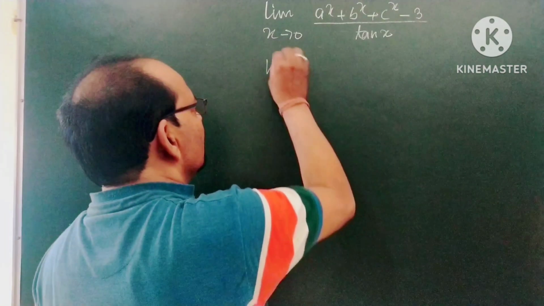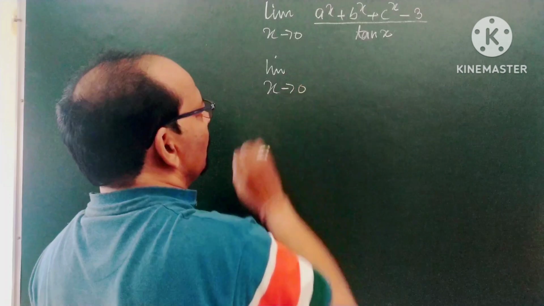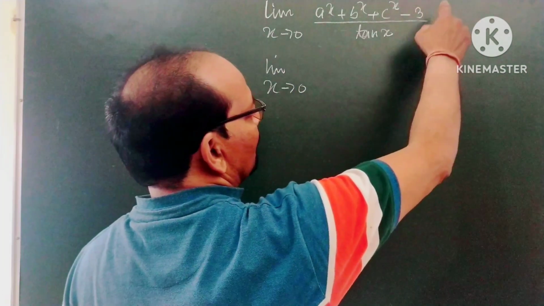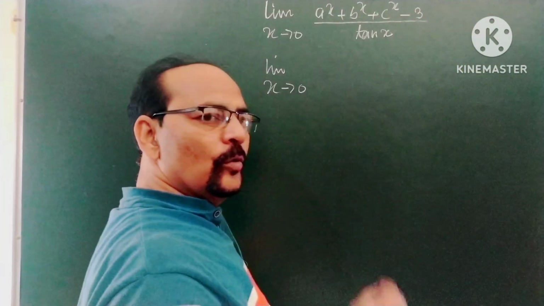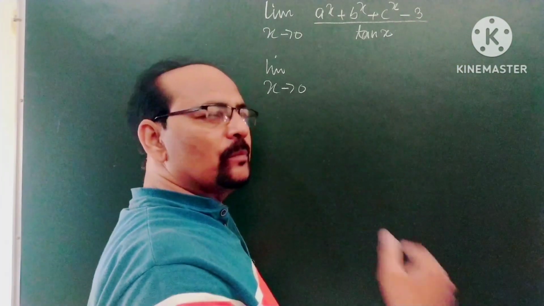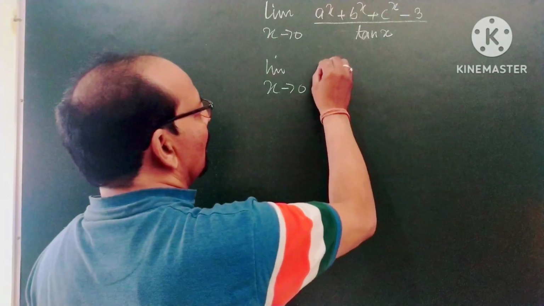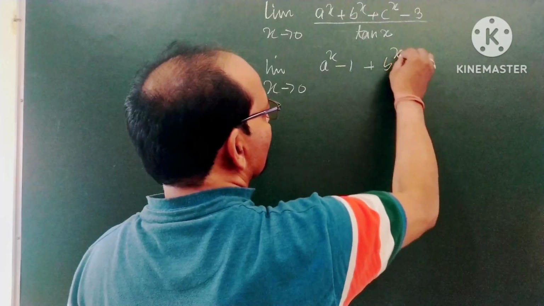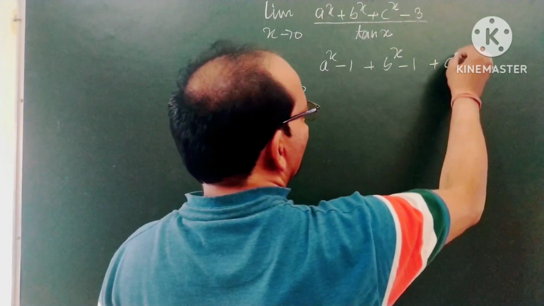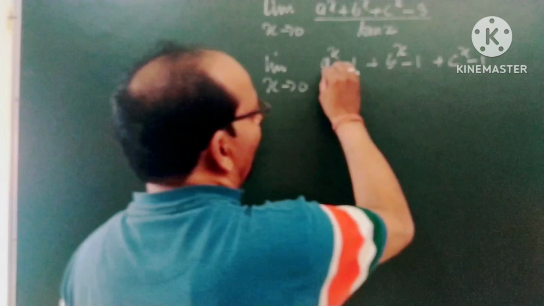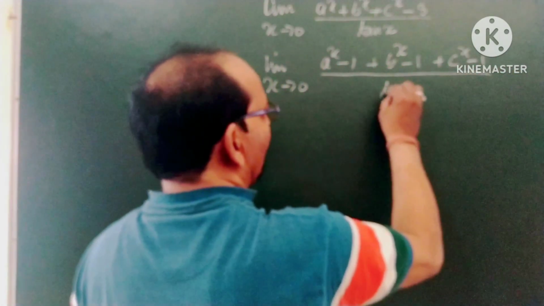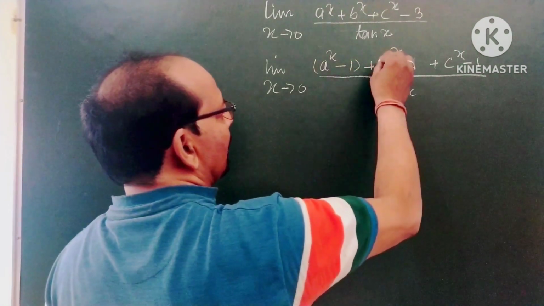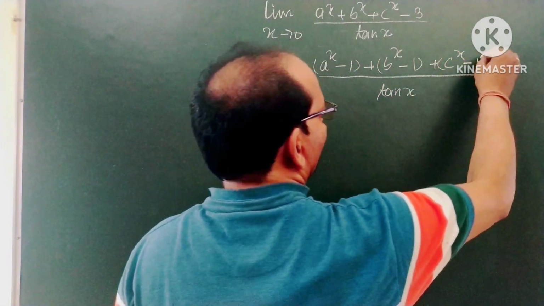We can write it as the limit as x tends to 0 of (a^x - 1) and, writing minus 3 as minus 1 plus minus 1 plus minus 1, (a^x - 1) + (b^x - 1) + (c^x - 1), and in the denominator 10 tan x.